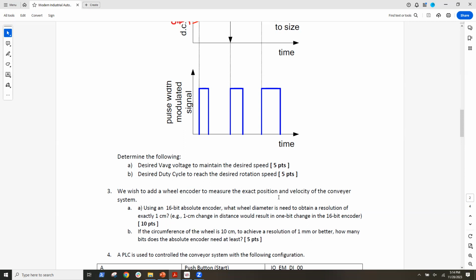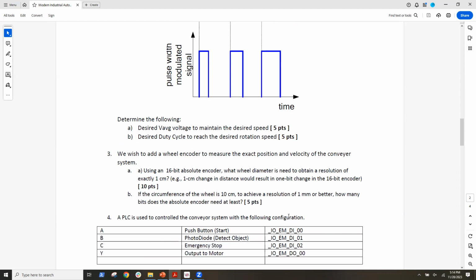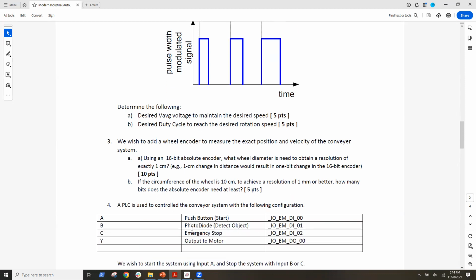So now I have my closed loop system. I have a motor, I'm able to pulse it with my PLC, and I wanted to stop it at a certain distance. Now I want to control the PLC to do some logic. I put a push button, some photodiodes, and an emergency stop here, and I want to design the software for the system.